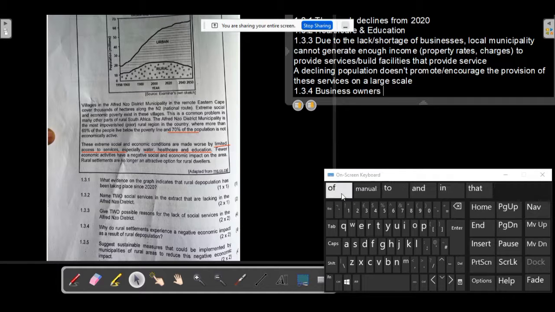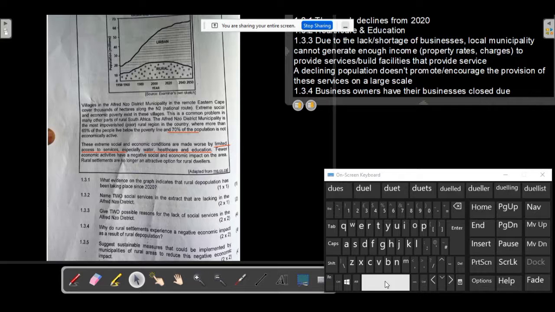I'm going to say that business owners have their businesses closed down due to insufficient threshold population.